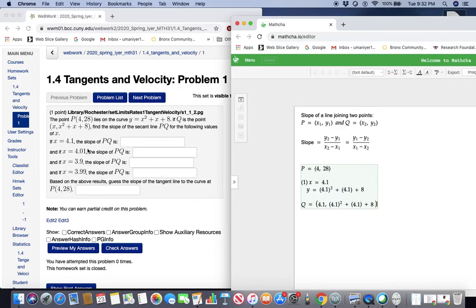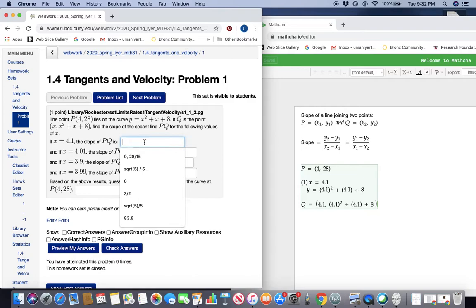In other words, for the slope I have a numerator divided by a denominator. So first figure out the numerator and denominator, and write them in parentheses. What is the denominator? x2 minus x1. So 4.1 minus 4. So that I can write it down.